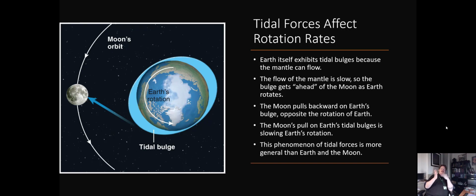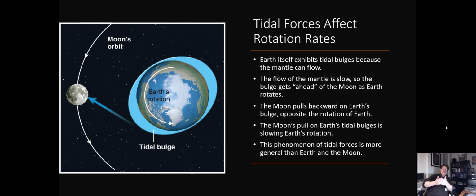And so when the moon is acting gravitationally on the Earth, it's basically pulling more on the tidal bulge. Its gravitational strength is higher at the tidal bulge than it is anywhere else. So it yanks on that arm. And what that does is it causes 2 things.